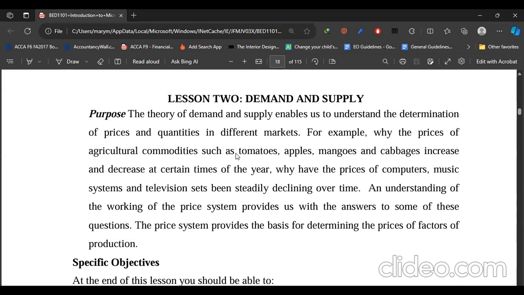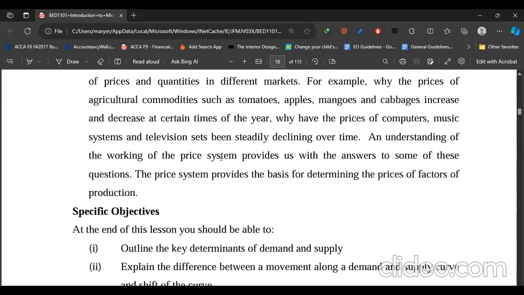Why do the prices of agricultural commodities such as tomatoes, apples, mangoes and cabbages increase and decrease at certain times of the year? Why have the prices of computers, music systems and television sets been steadily declining over time? An understanding of the working of the price system provides us with the answers to some of these questions.